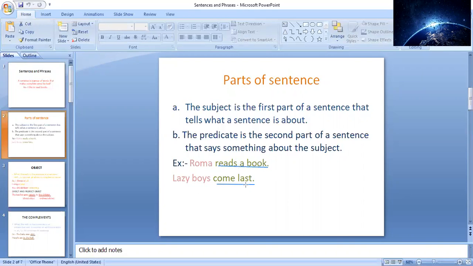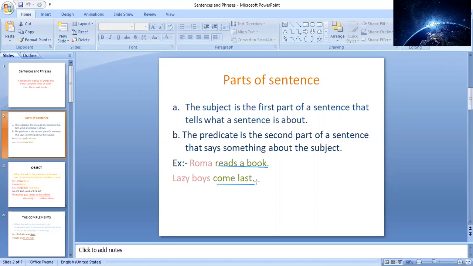Lazy boys come last. This sentence is about whom? If we put a question, who has come last? Lazy boys. So lazy boys are the naming part of the sentence.